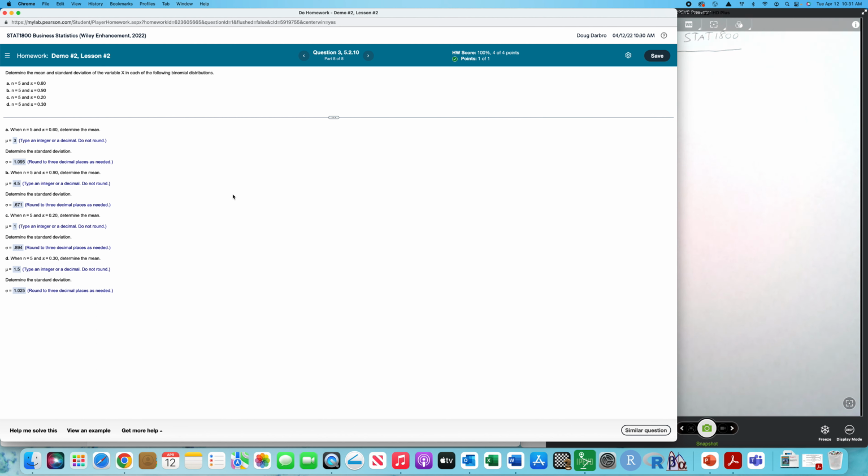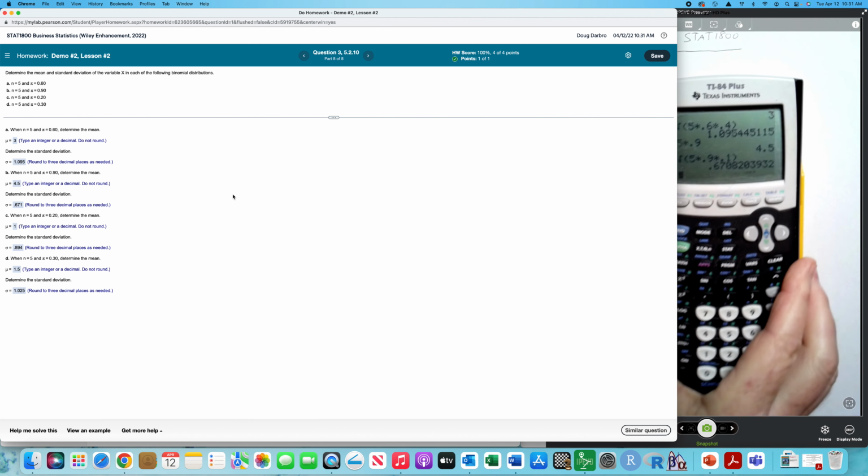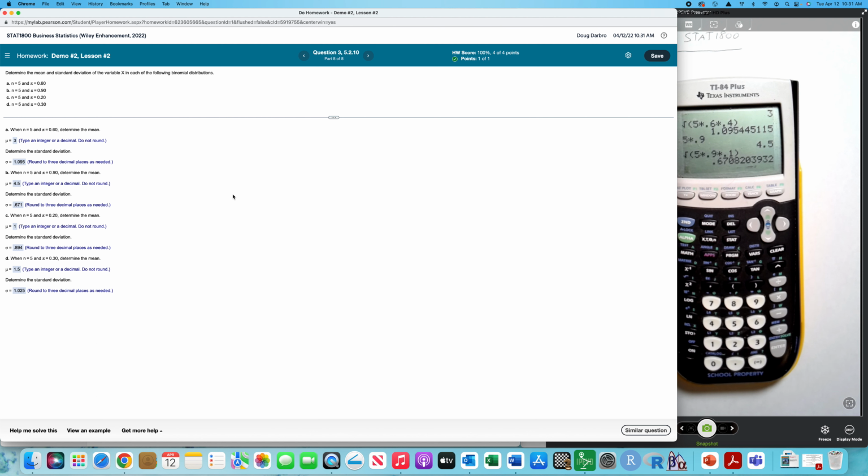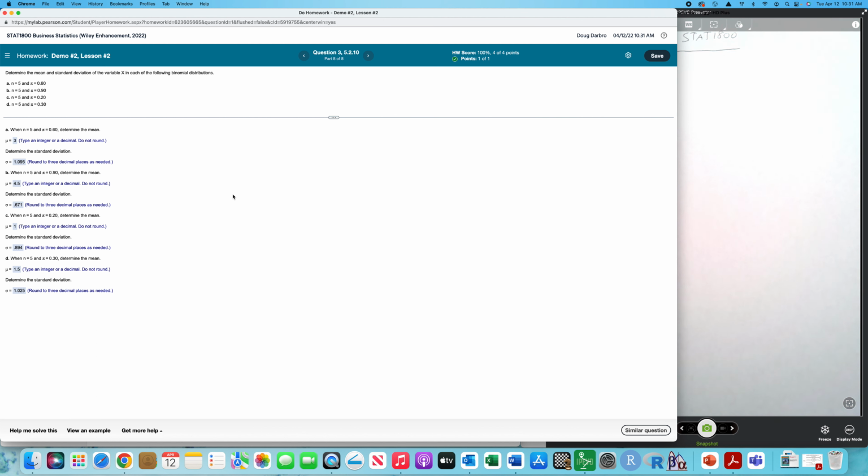And the standard deviation is going to be the square root of 5 times 0.9 times 0.1. And we get standard deviation of 0.671. I'm not going to do the rest of those because they're just exactly the same. So it'd be kind of redundant to keep doing it, but you need to go ahead and fill these in.